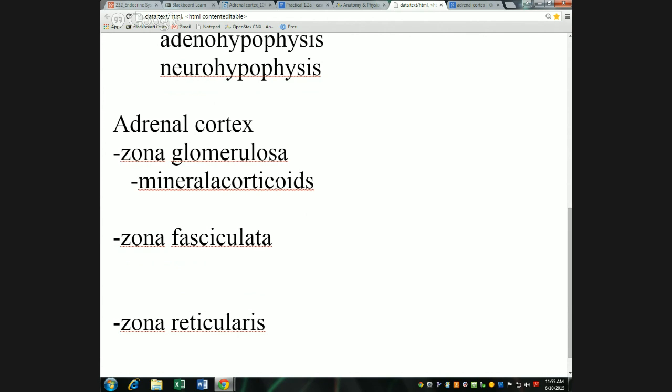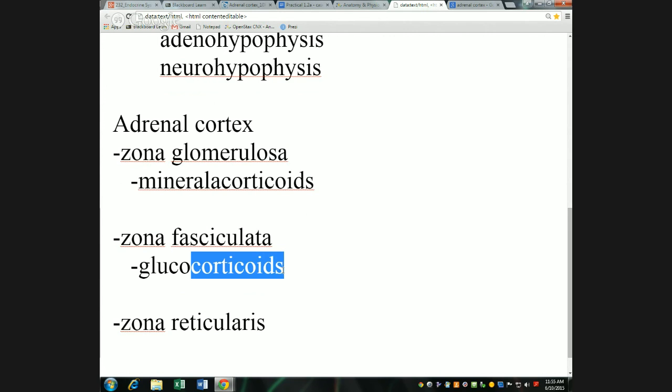Okay? The zona fasciculata makes what are called glucocorticoids. So again, it ends in corticoid because it's a steroid made by the adrenal cortex. What does gluco refer to? Sugar.